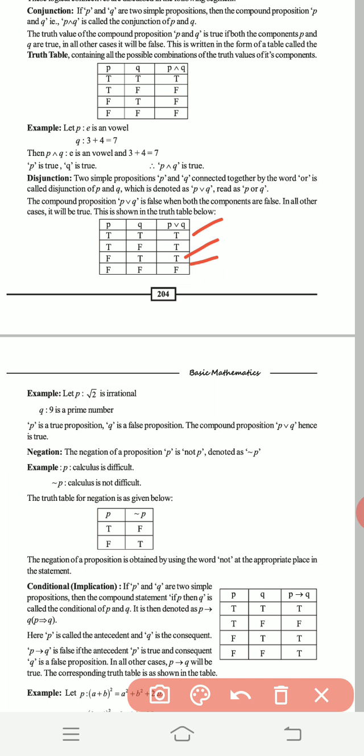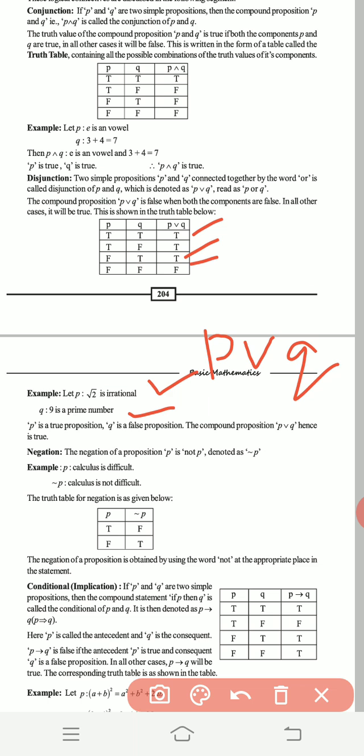Okay. For example, let P: root 2 is irrational, Q: 9 is a prime number. So here root 2 is irrational. First consider the compound statement P or Q. P or Q means what? Root 2 is irrational or 9 is a prime number.